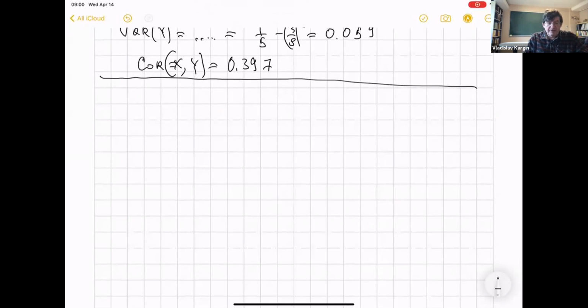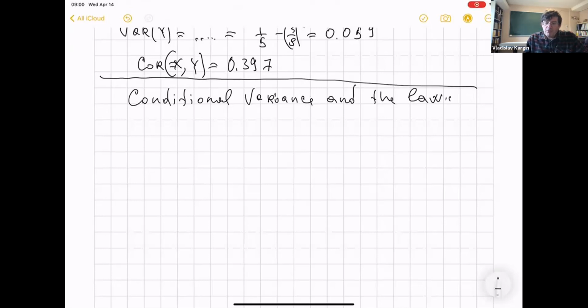So another topic is conditional variance and the law of iterated variance.